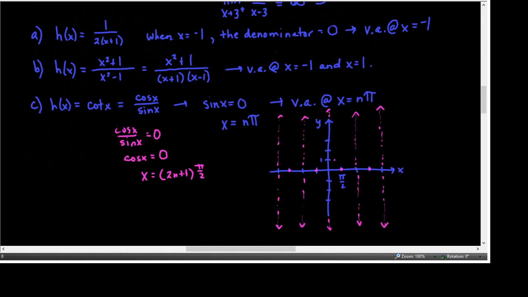So I can plot a point at pi over 4, 1. At 3 pi over 4, cosine is negative square root of 2 over 2, and sine is positive square root of 2 over 2. So that answer is negative 1. And the function looks like this. And I'm probably going to graph just 2 periods of this.